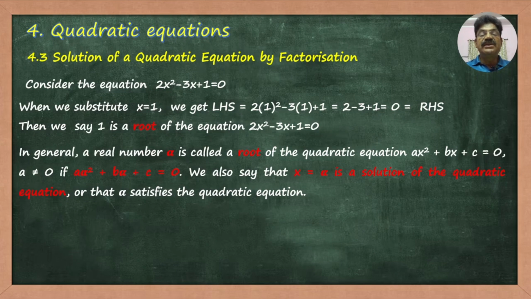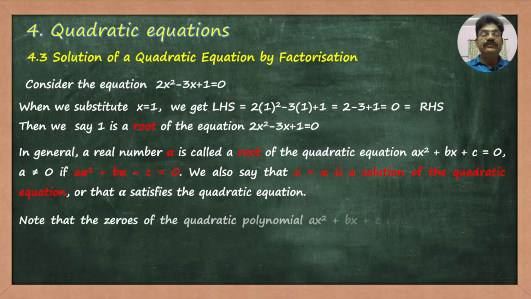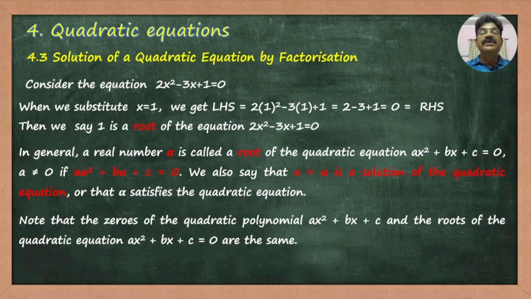If it is equal to 0, we can say alpha is a root of the quadratic equation, or we can say alpha satisfies the quadratic equation. Note that the zeros of the quadratic polynomial ax² + bx + c and the roots of the quadratic equation ax² + bx + c = 0 are one and the same.